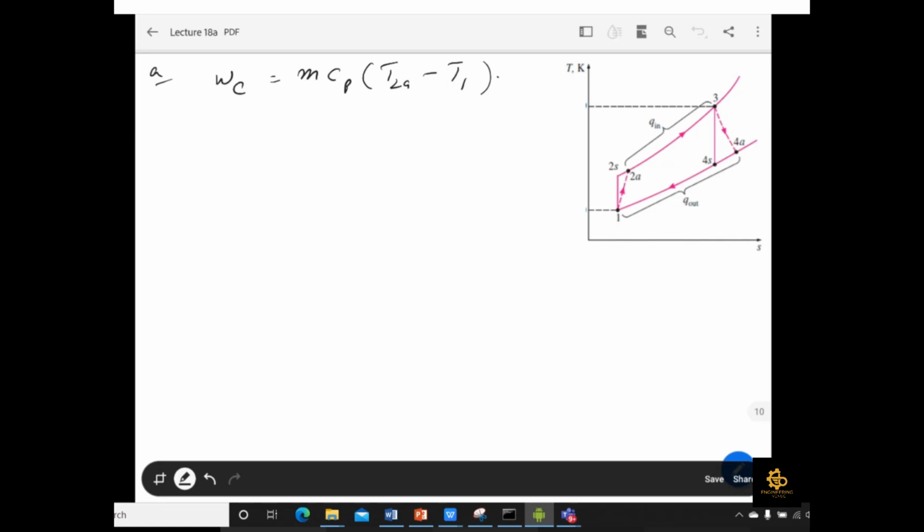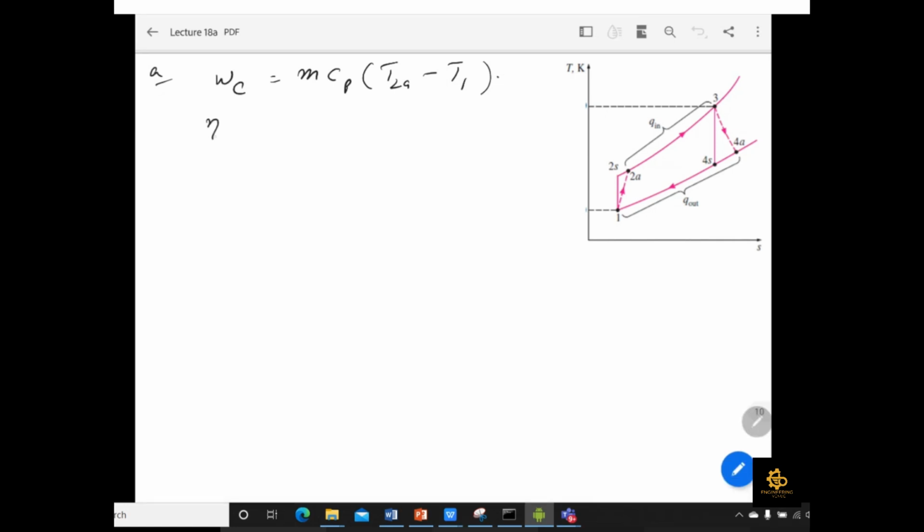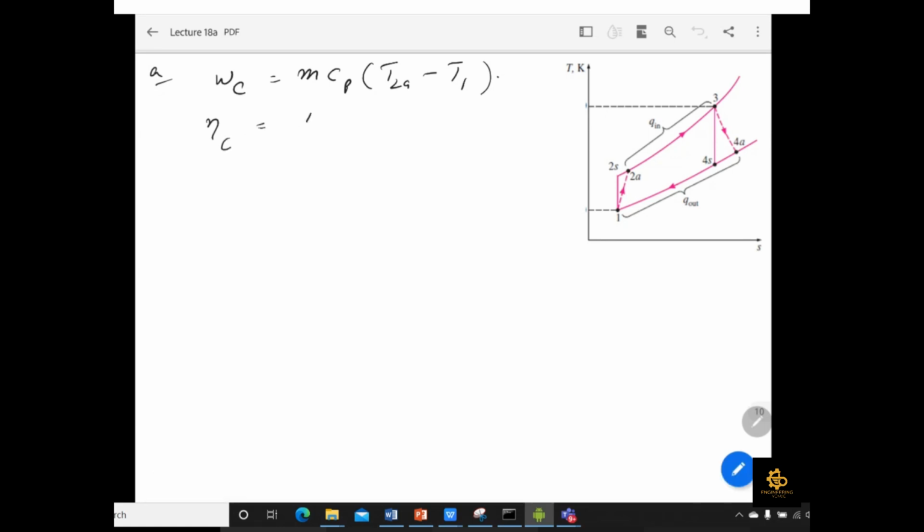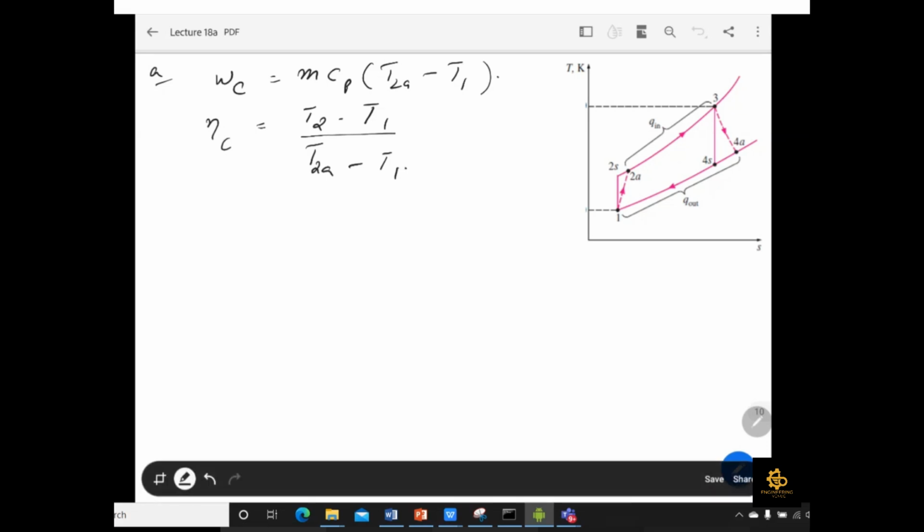So for T2A, we use the compressor efficiency relation, which involves T2 minus T1 and T2A minus T1. This is the relation for your compressor work, if I assume the air standard assumption.